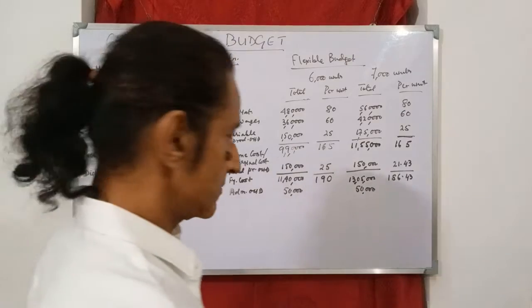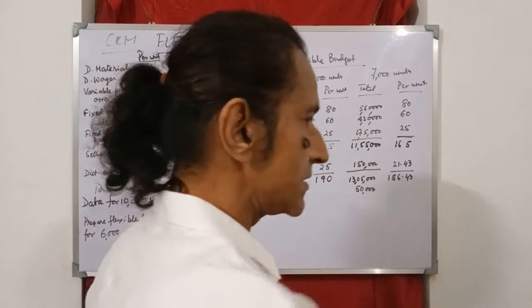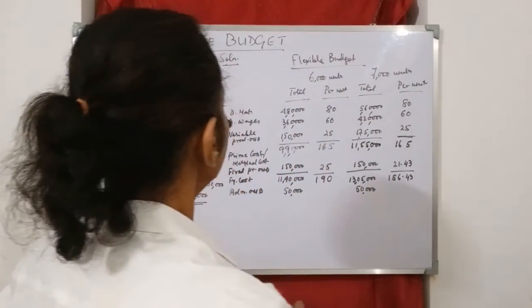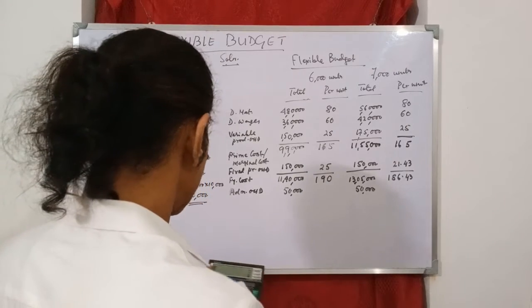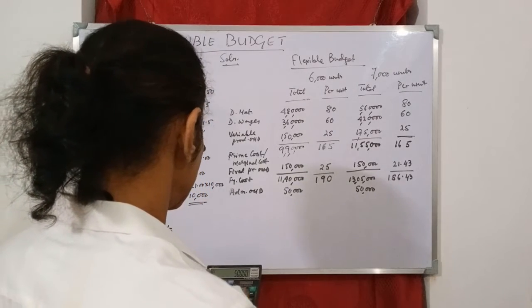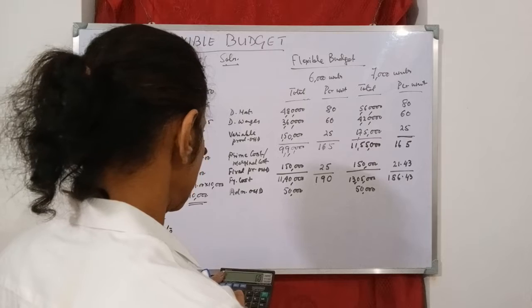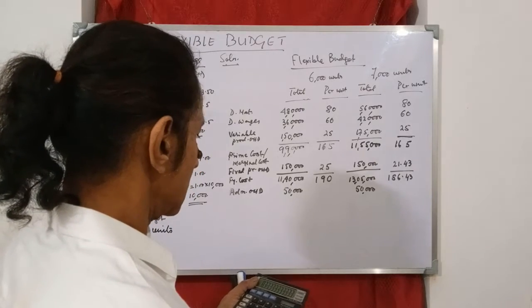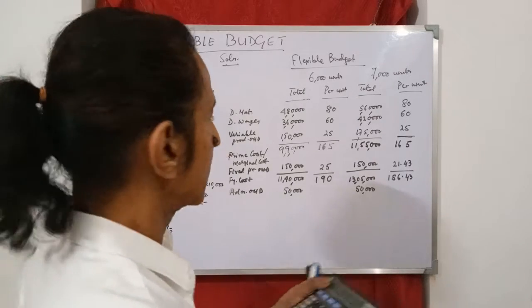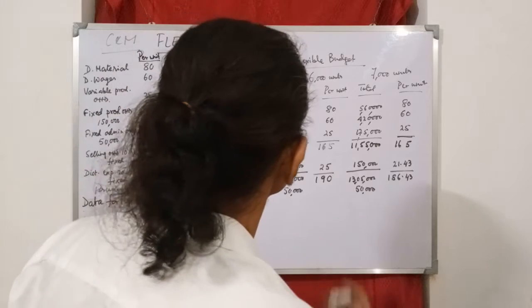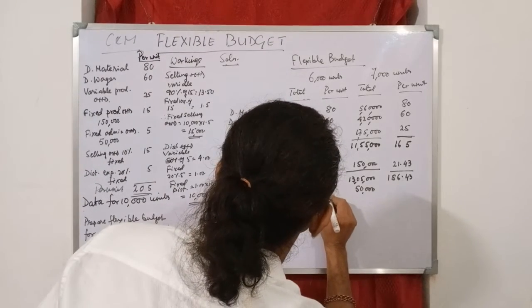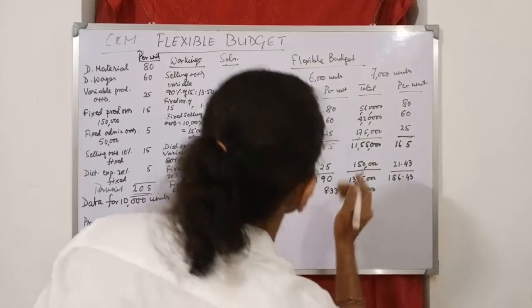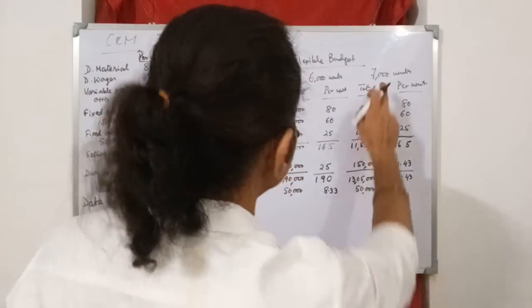And we have to find out how much is per unit. So 50,000 by 6,000 gives us 8.33, and here it is 50,000 by 7,000.